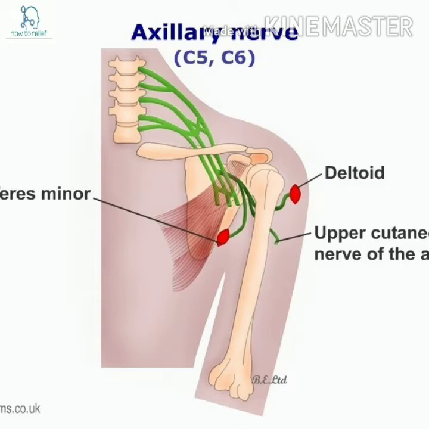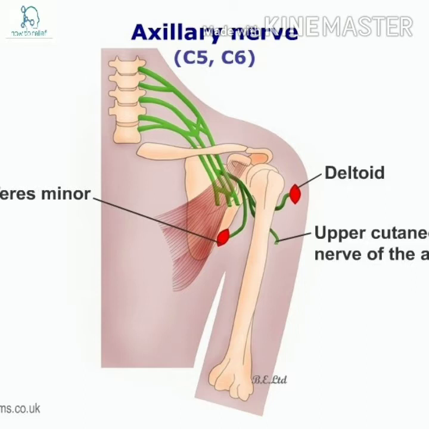It is also surgically important because it is commonly involved in dislocation and fracture of the surgical neck of the humerus, because it is least supported inferiorly, so the chances of dislocation there are higher.